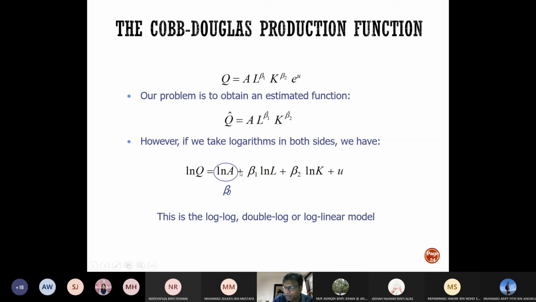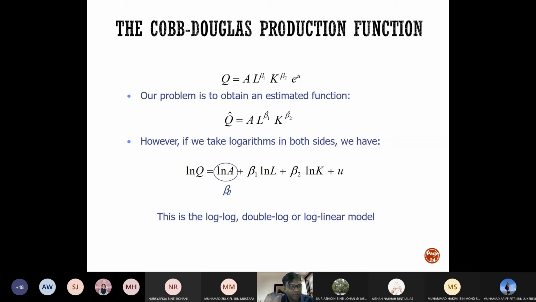So beta naught is the coefficient value, which we call a constant. We can express this in the form of a regression model. Have you heard of a regression function before? Regression model in statistics? Probably in the first semester.